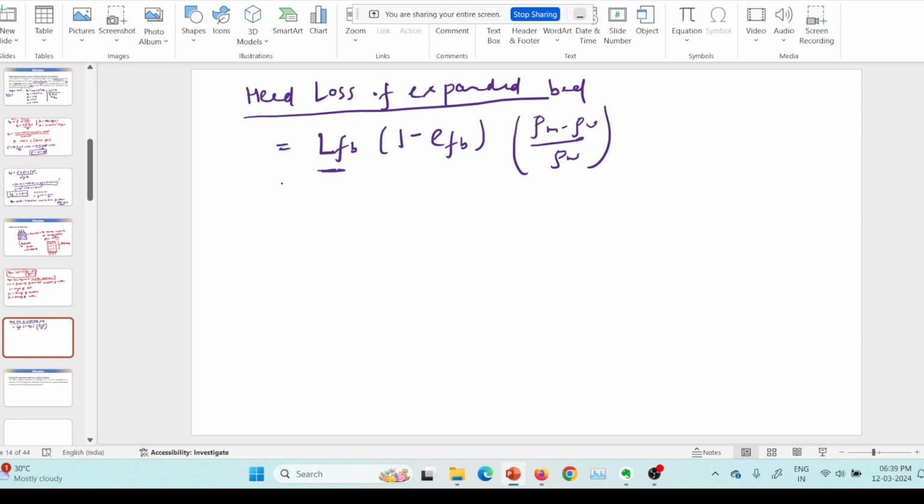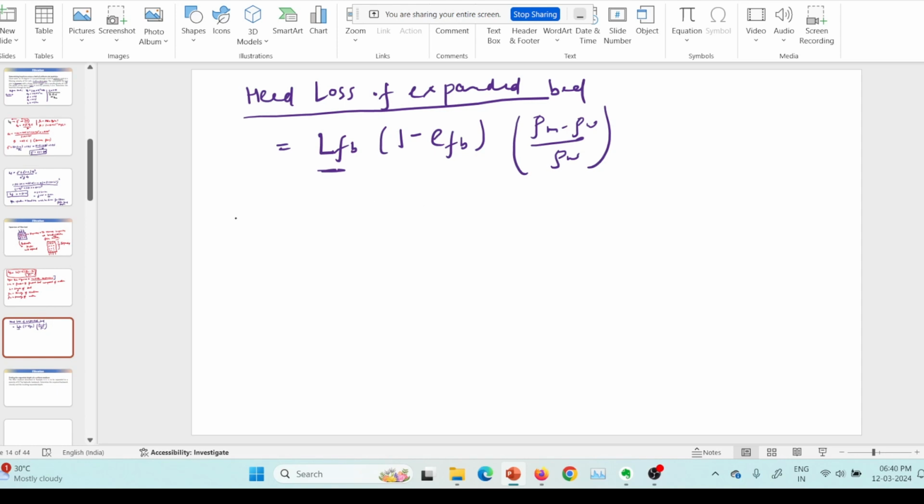We can understand it as the total buoyant weight being constant before and after the expansion, or we can say the particle surface area will be the same before and after, because the head loss is due to the particle surface. It doesn't matter that the gap is increased. So the friction will be the same, so the head loss will be the same before and after the expansion.